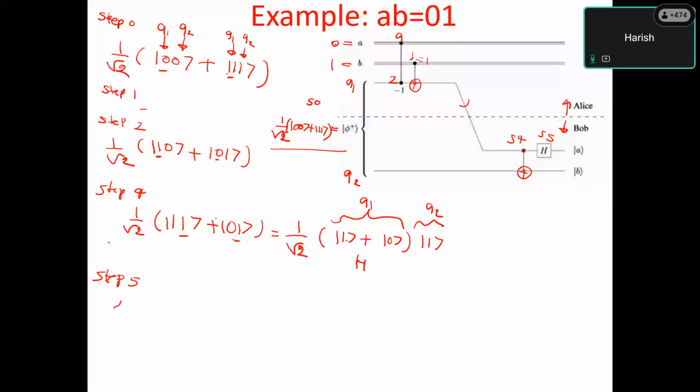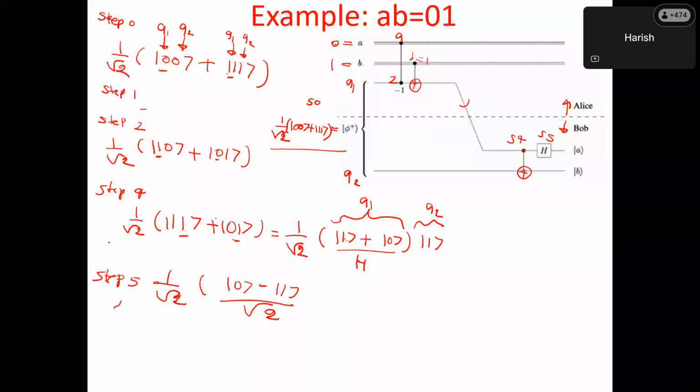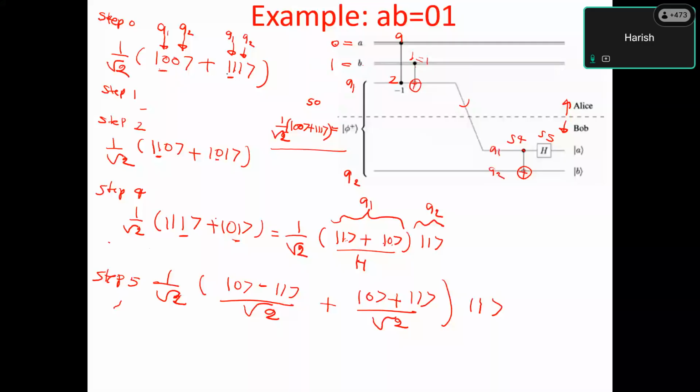There will be a minus sign here. This is the entire thing, and 1 is here. Okay. So what we did is we just applied the Hadamard gate on qubit 1, so we separate out this qubit 1 and qubit 2. Now we applied the Hadamard gate on Q1. So we get this state.